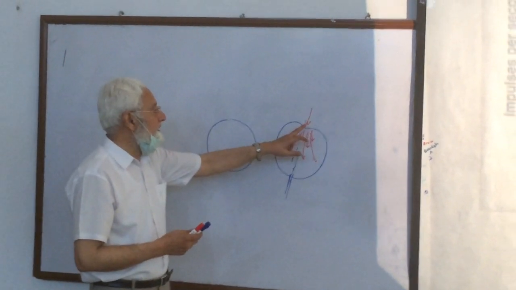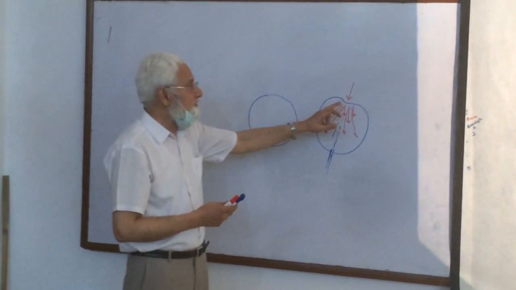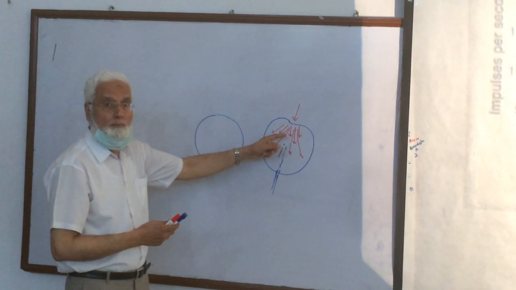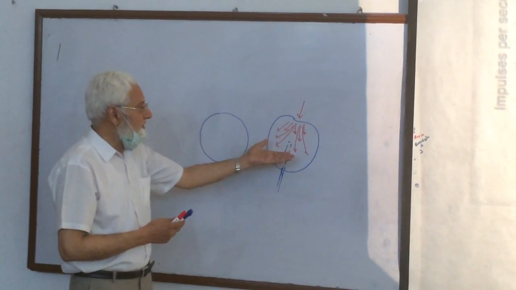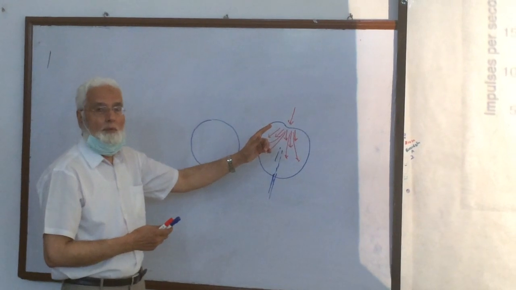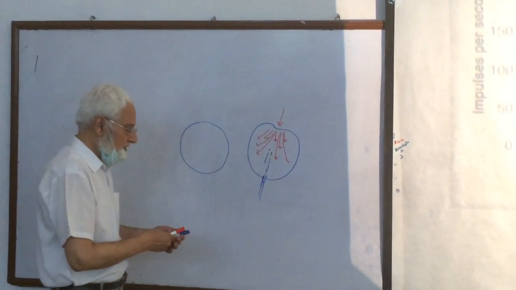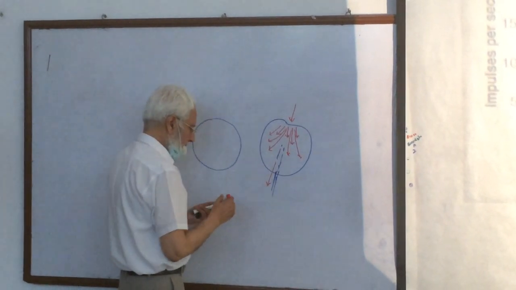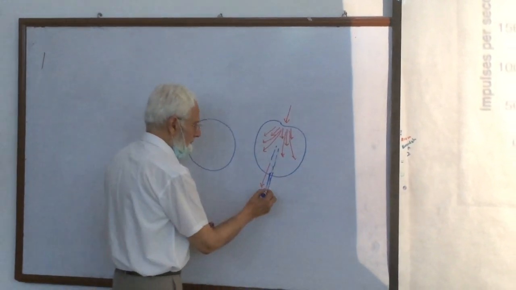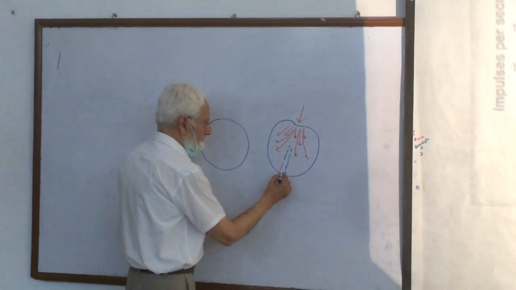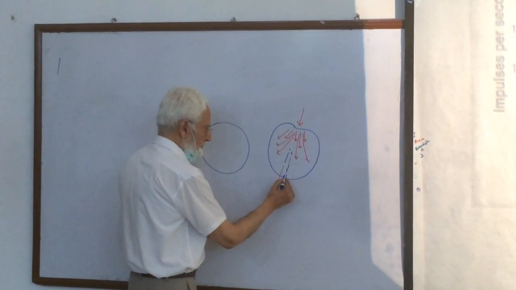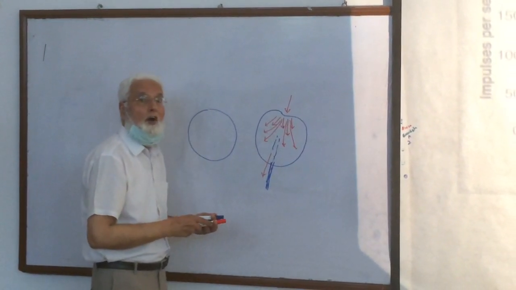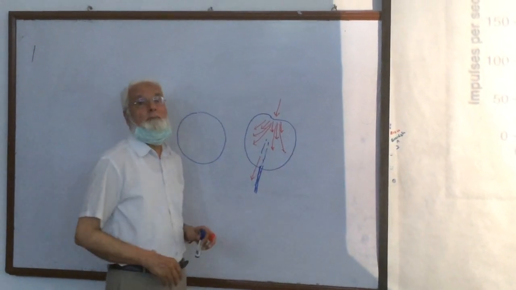So we apply the pressure stimulus to the surface of the Pacinian corpuscle. There is indentation of its membrane. Below this indentation, pressure will increase, and this will cause increased discharge of impulses along the sensory nerve ending. But after some time, the pressure inside the corpuscle becomes uniformly distributed.